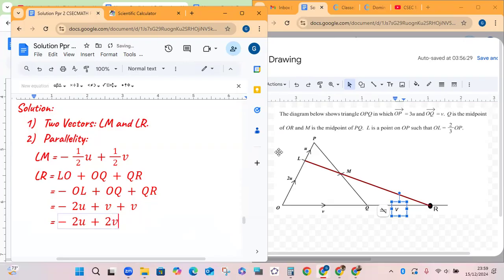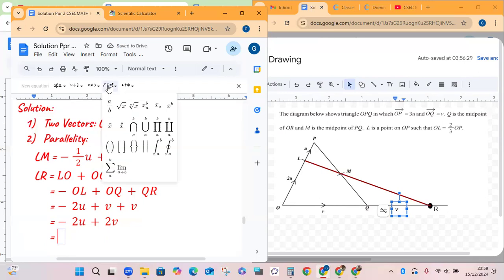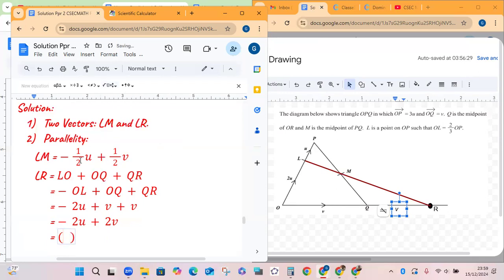Clearly, LR is longer than LM. So let us prove that LR is a multiple of LM. To do that, we introduce brackets. We place LM in the bracket, or parenthesis like the Americans say, and we try to get a number such that when we multiply, we get back LR.